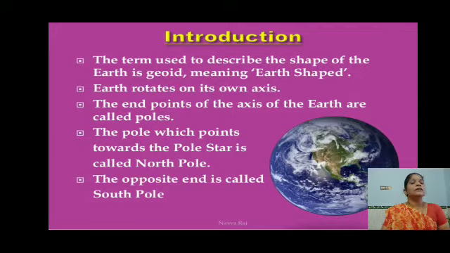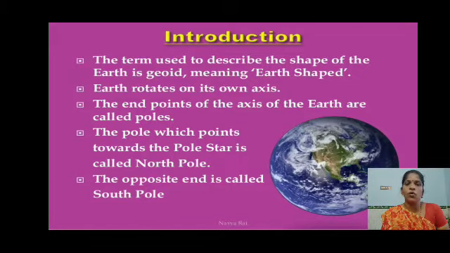The term used to describe the shape of the earth is geoid. Geo means earth, geoid means the shape of the earth. Okay. Do you understand? Spherical and circle, these we say to mention the shape of our earth, but the actual name for the shape of our earth is geoid.